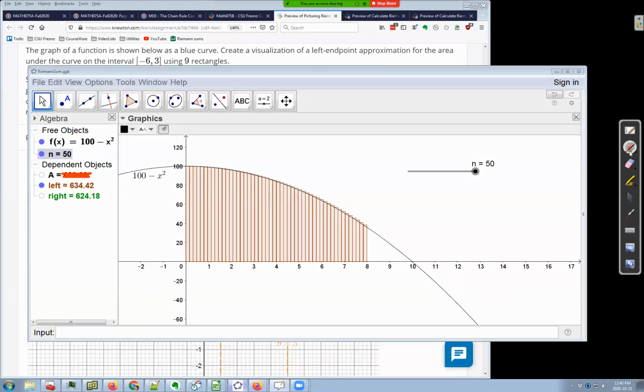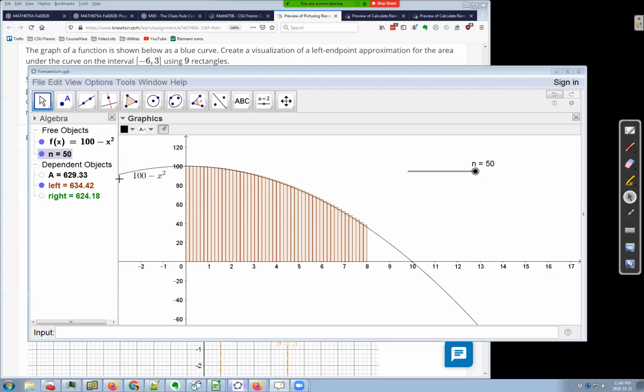You can see in the numbers over here that they're getting closer together. The overestimate and the underestimate are getting closer together the more rectangles we use, and the actual answer is always trapped in between them. So using more and more rectangles, these overestimates and underestimates will hone in on the actual area.